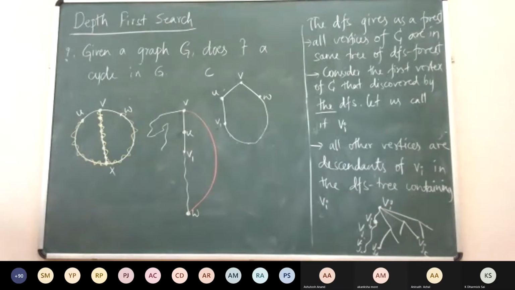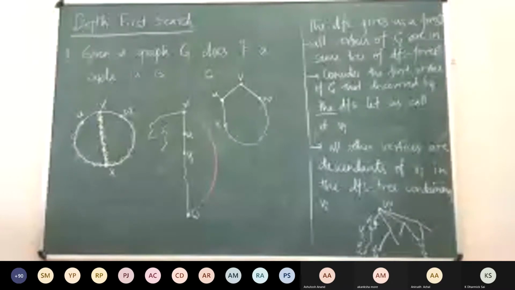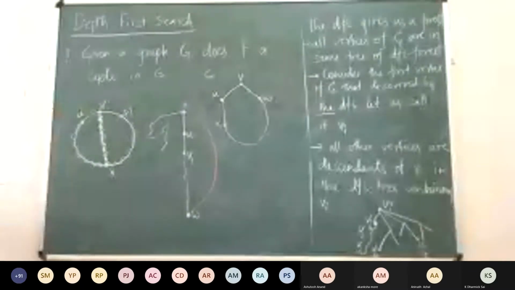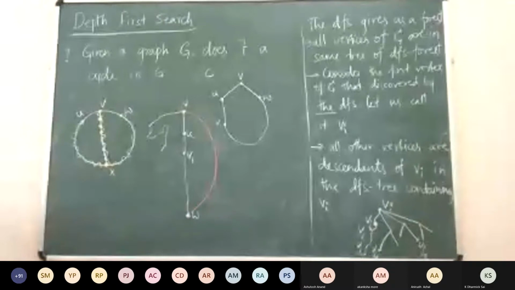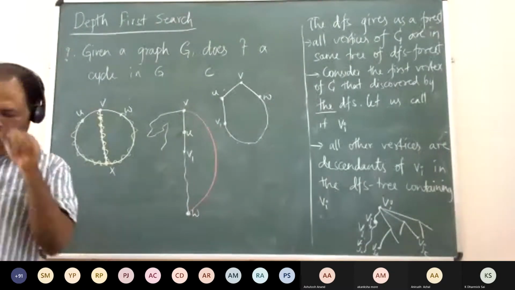So what you are using is the property of trees, right? Since there is a cycle, if you delete an edge from the cycle, it will still be a connected graph. The connectivity of the graph does not change, the component will still be connected. That is what we have seen in our earlier course, right?